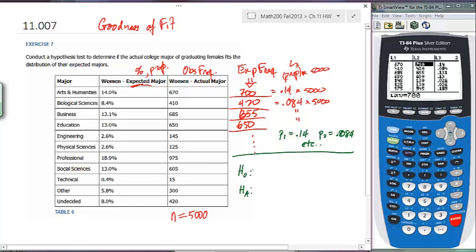So what we can say is that the number of women majors, or number of actual majors, fit the expected frequencies, expected majors.